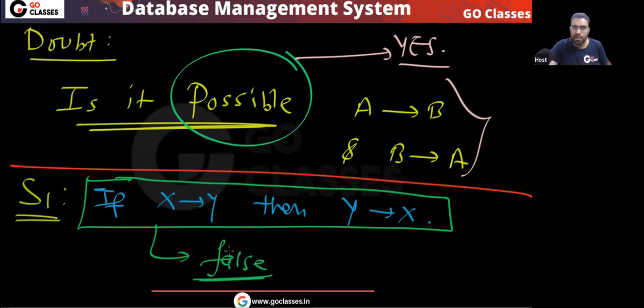Okay, tell me, when I say false, does it mean it will never happen? No. It may or may not happen. For example, let's come back to mathematics.